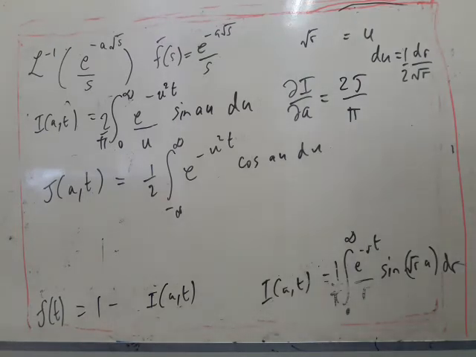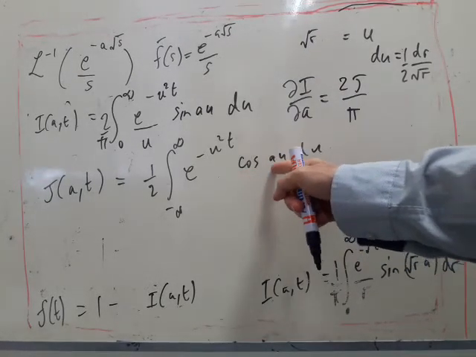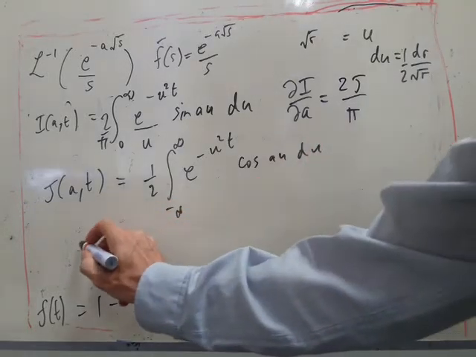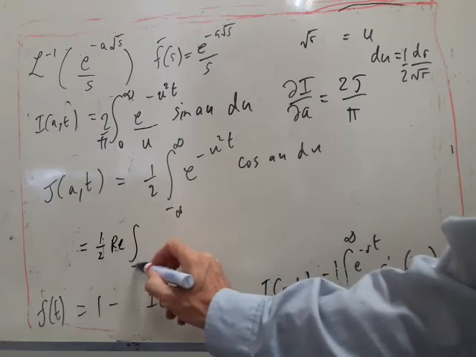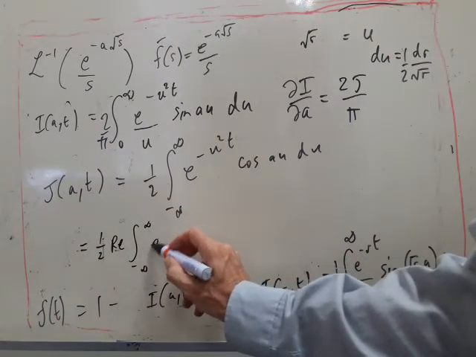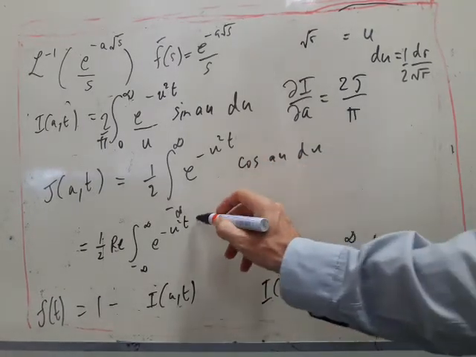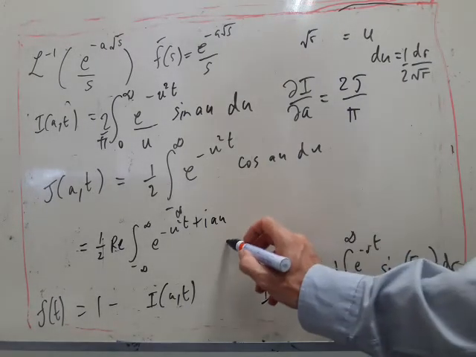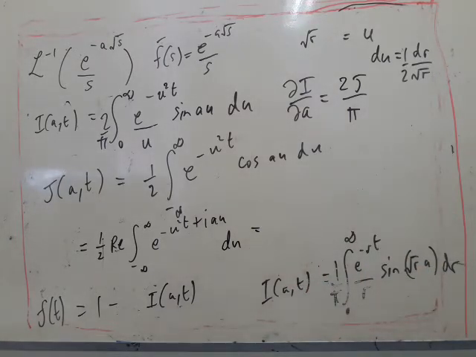And we can do that by considering the real parts of e to the iau in here. So this is now plus iau. And then completing the square.